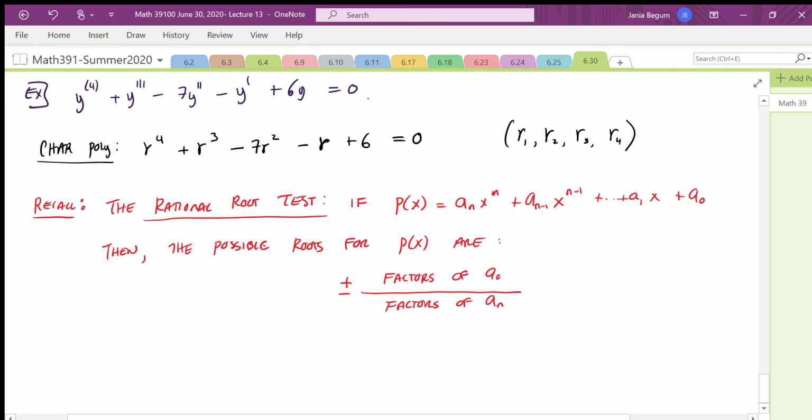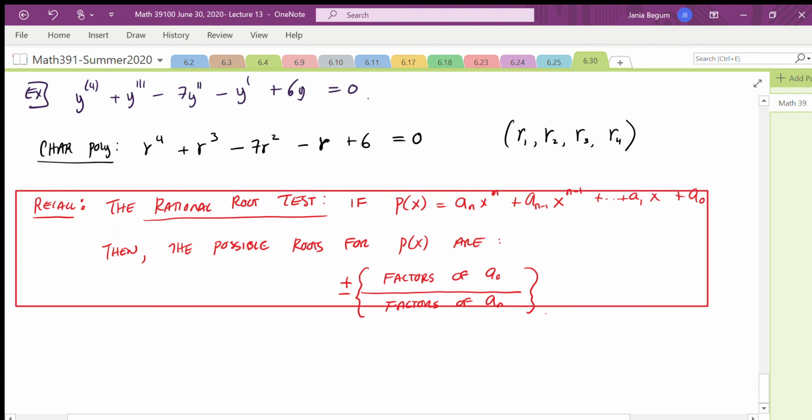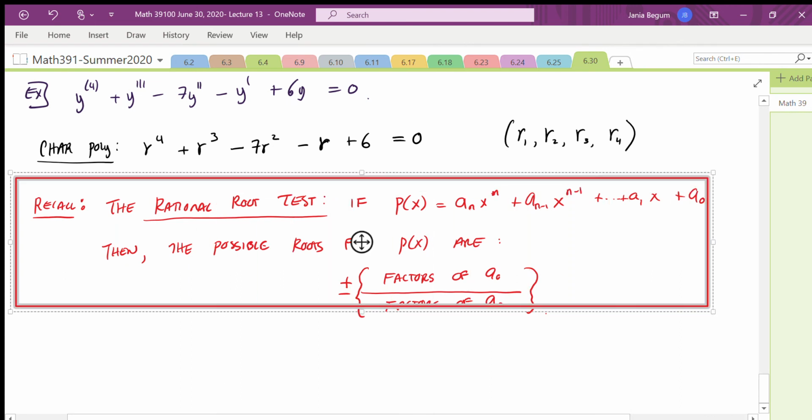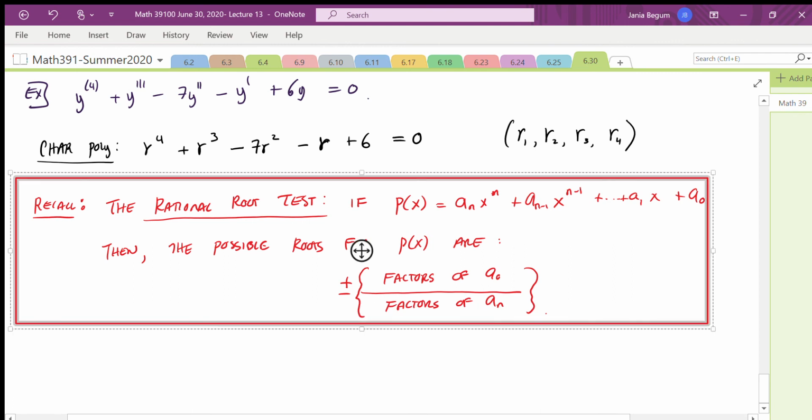These are the roots we're going to test and see if any of these are the real roots. So using this rational root test, we want to determine what the roots are for the one we're given. So what's a_0 for this example?